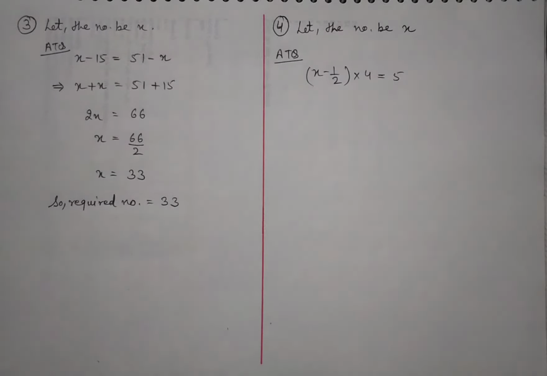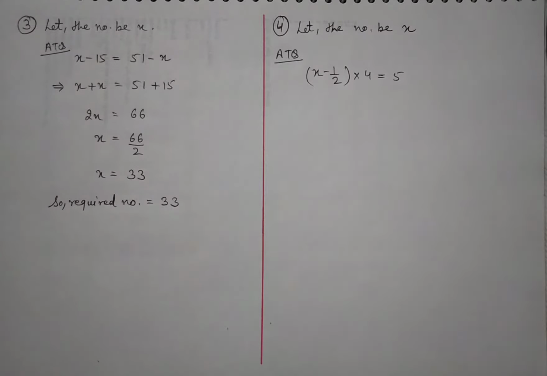Now let's see question number 4. Now for question number 4, if 1 by 2 is subtracted from a number and the difference is multiplied by 4, the result is 5. What is the number? Now let the number be x, and according to the question we get the equation: the difference of x and 1 by 2 is multiplied by 4, and the result is 5.